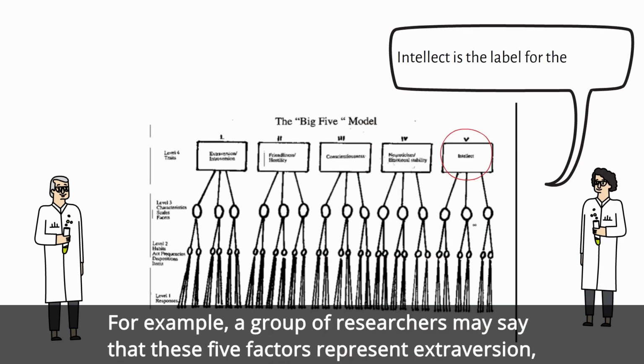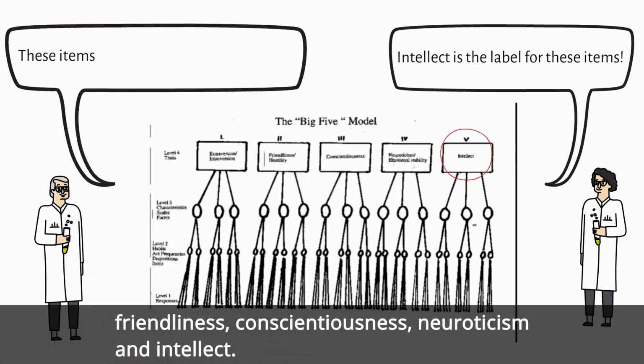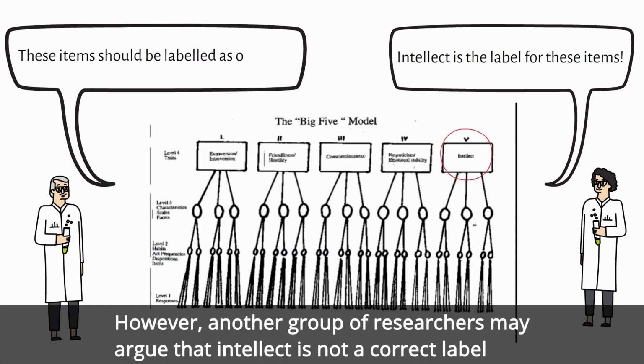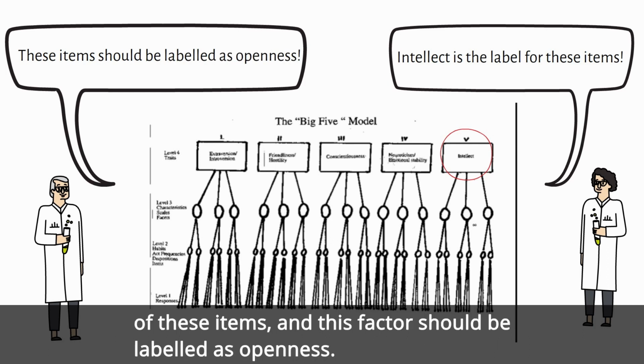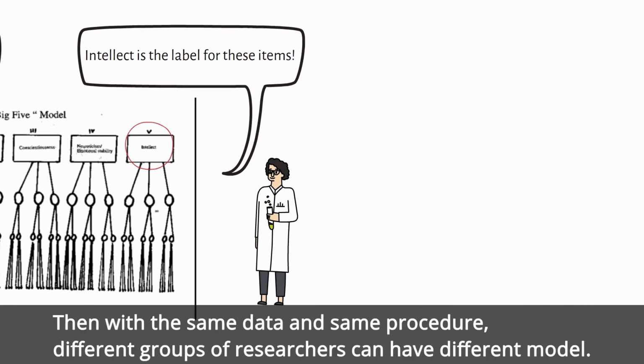For example, a group of researchers may say that these 5 factors represent extroversion, friendliness, conscientiousness, neuroticism and intellect. However, another group of researchers may argue that intellect is not a correct label of these items, and this factor should be labeled as openness. Then with the same data and same procedure, different groups of researchers can have different models.